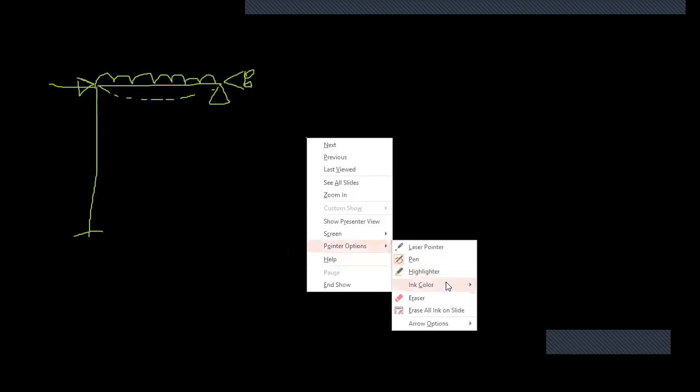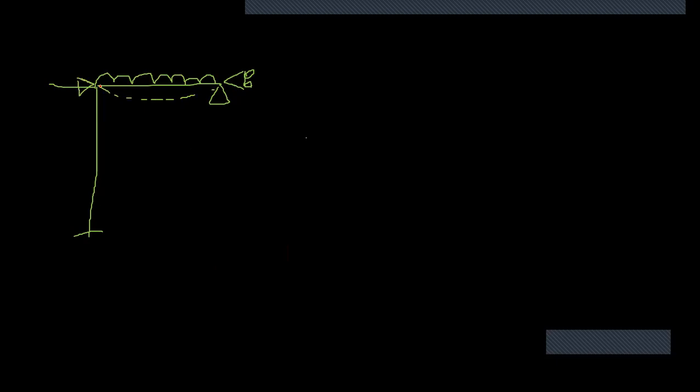Definitely this UDL is going to bend this beam in this way, but this point load is going to act as an axial load for this member, right? So it's not going to give any bending moment to that beam, as well as since it is acting at the end.